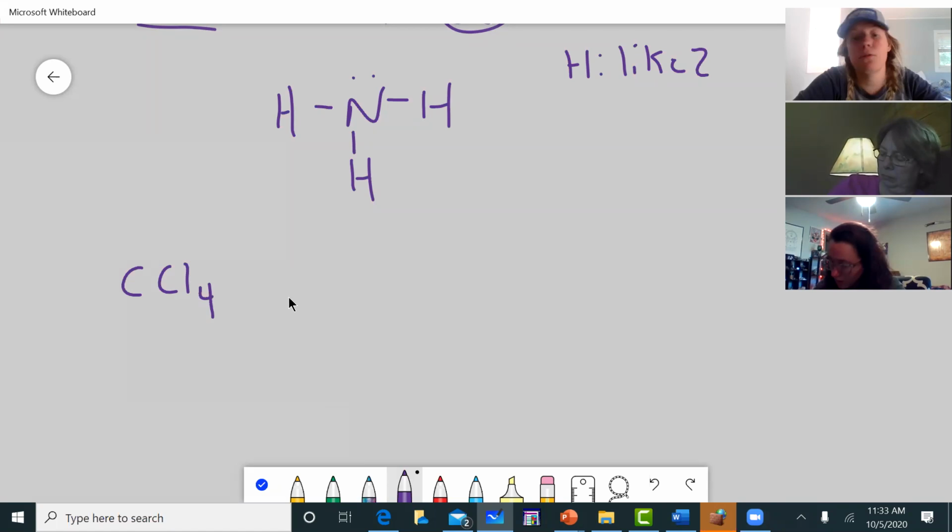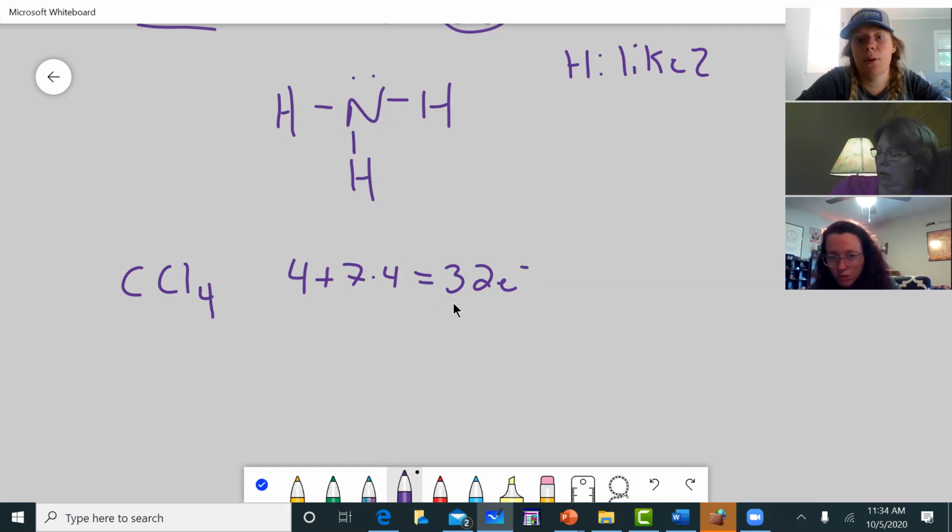Carbon is in column 4, so it provides 4. Chlorine is in column 7, so it provides 7 valence electrons, and we have to multiply it by the fact that we have 4 of them. So 7 times 4 is 28, plus the 4 gives us 32. So 32 electrons to mess around with.